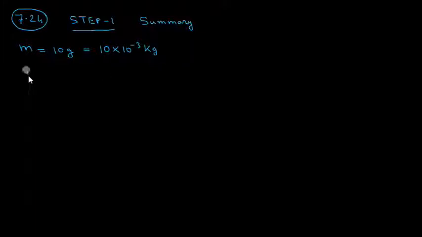Velocity of the bullet, v, is equal to 500 meter per second. It is already in SI unit, so no need to do any conversion. Gram is not in SI unit, so we have converted to kg. Thickness of the door, L, is equal to 1 meter.